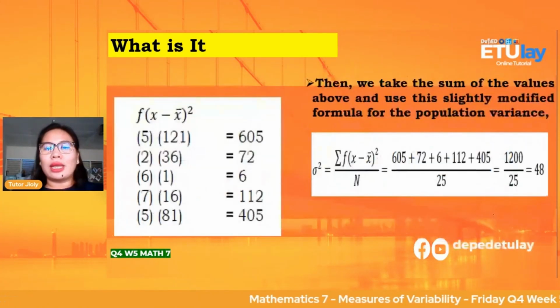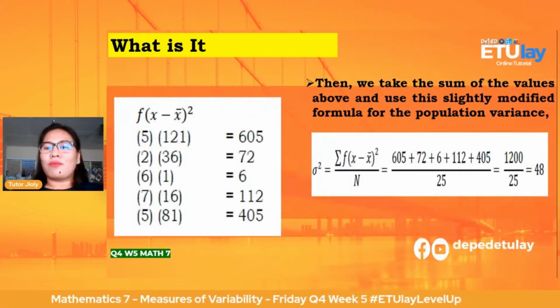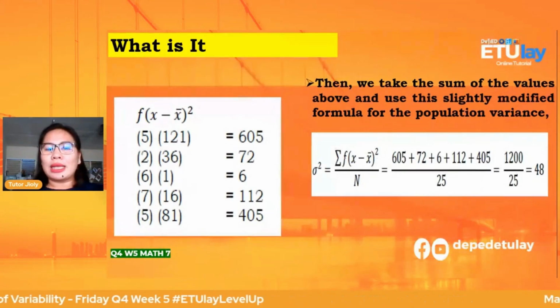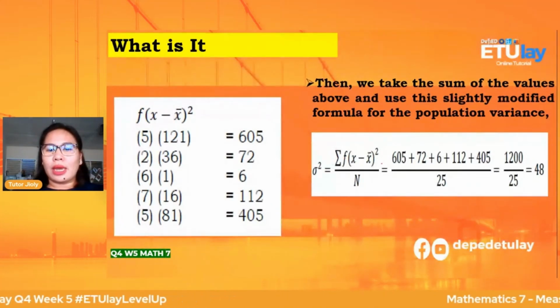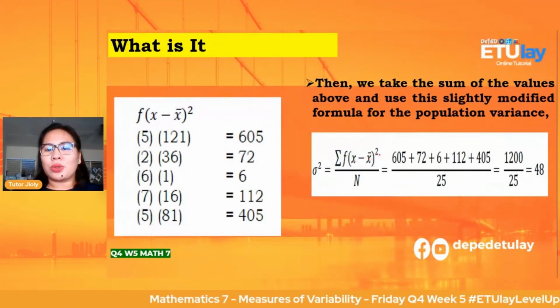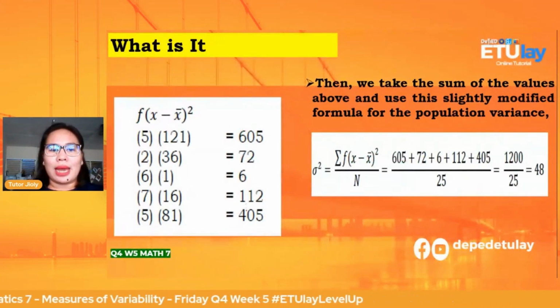And now, that is the time that we're going to get the answer for the population variance. So, copy lang natin, substitution tayo. Sum of f multiply to x minus mean squared. I-add lang natin ito lahat, yung nakuha natin, mga anak.